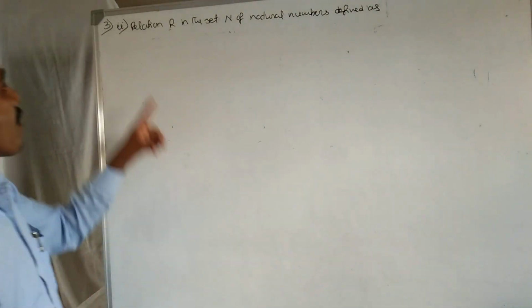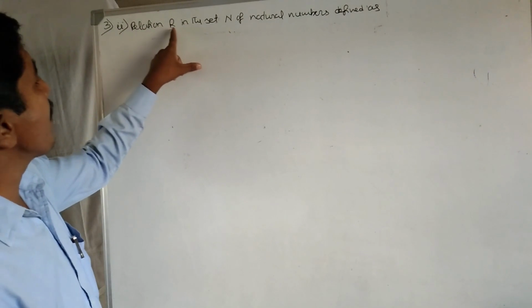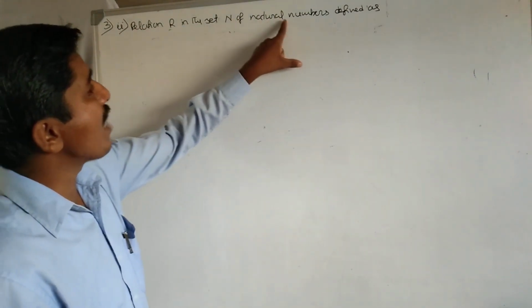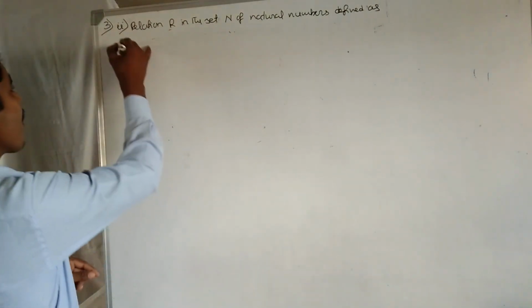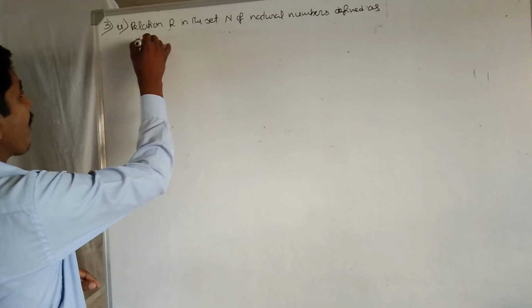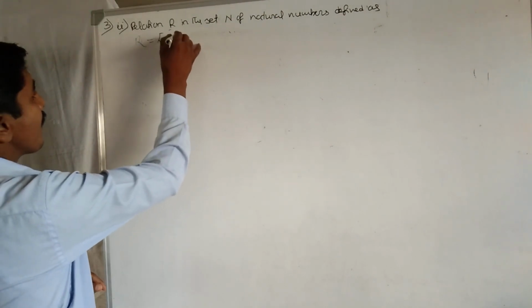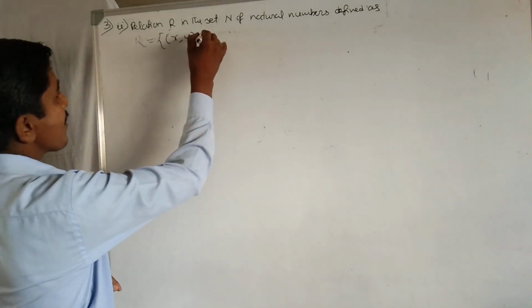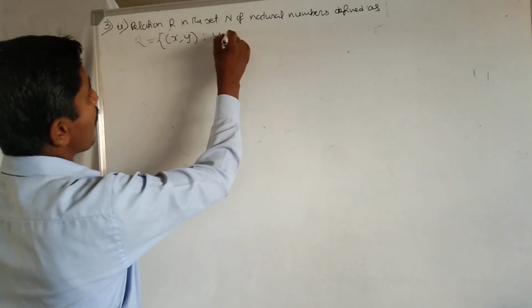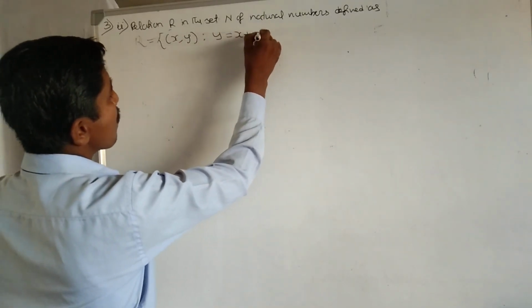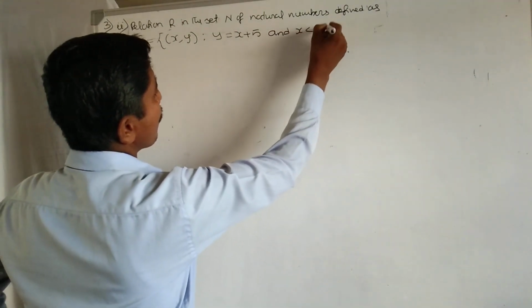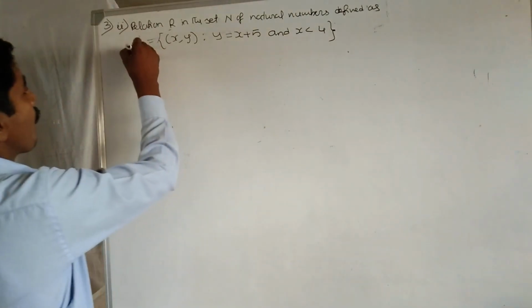Third problem, second one: a relation capital R in the set N of natural numbers defined as R equal to {(x, y) such that y equal to x plus 5 and x less than 4}.